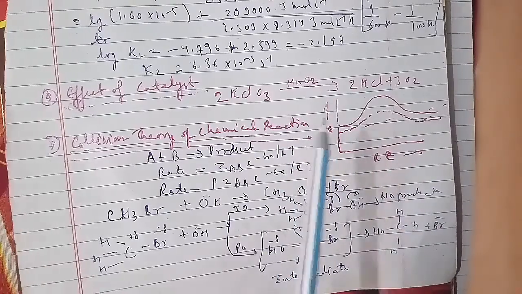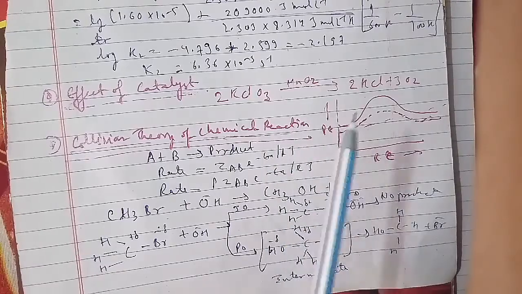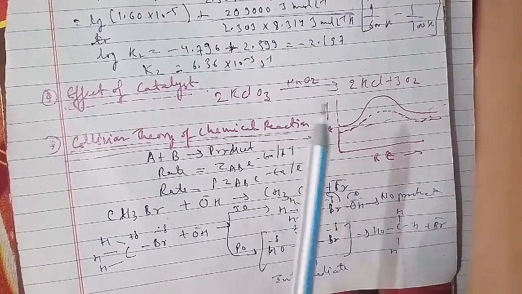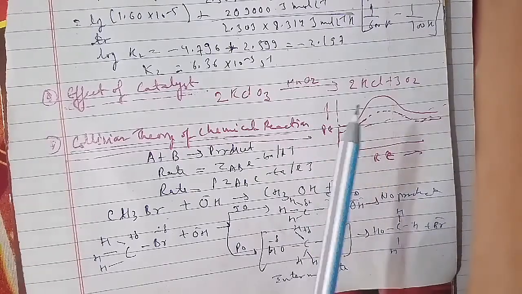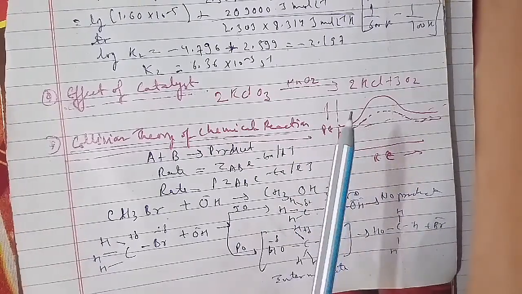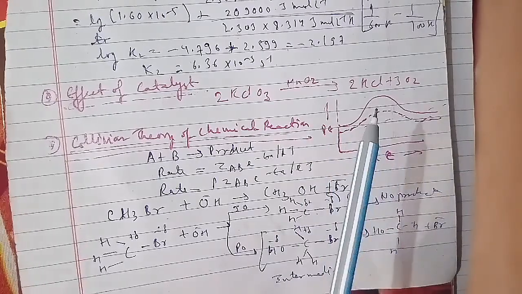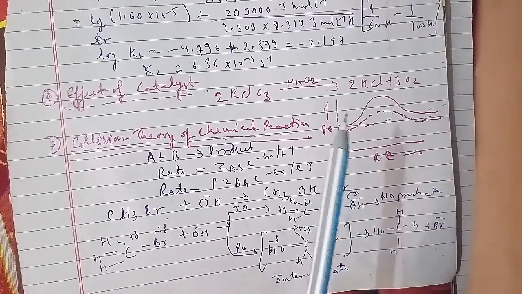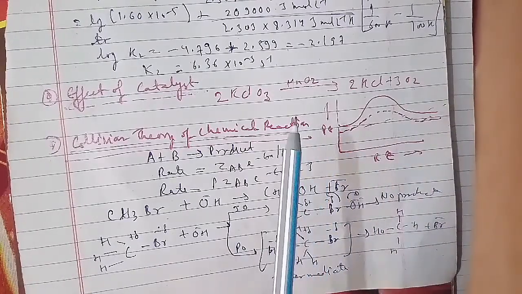According to collision theory, another factor P, called the steric factor, which refers to the orientation of the molecules which collide, contributes to effective collision, thus modifying the Arrhenius equation to k equals P Z e to the power minus Ea upon RT.